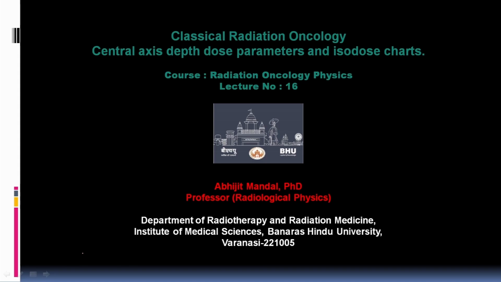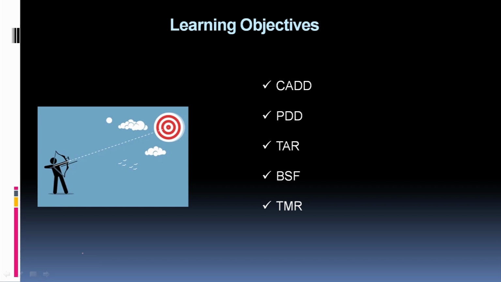This is the fourth week and the lecture number is 16. Today we will discuss the central axis depth dose parameters and isodose charts. The learning objectives of today's class are the central axis depth dose parameters: percentage depth dose, tissue air ratio TAR, backscatter factor BSF, and the tissue maximum ratio TMR.